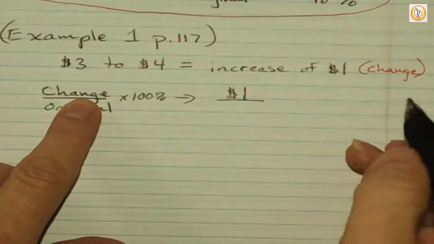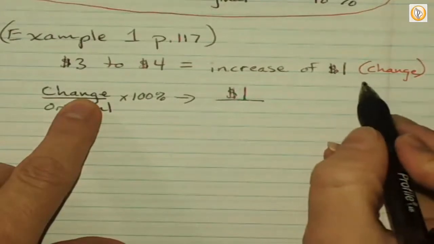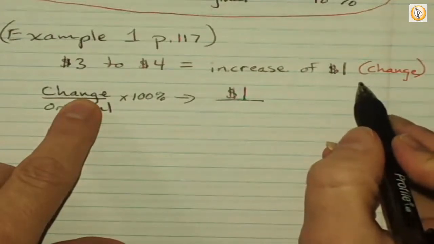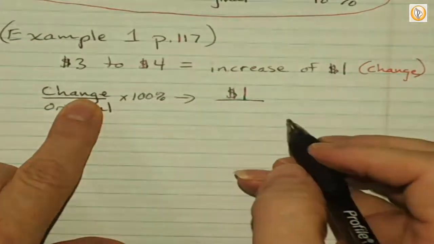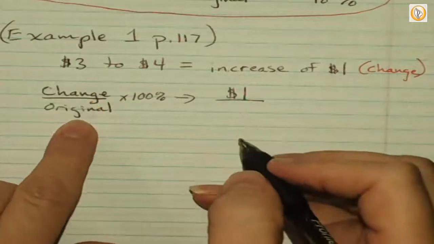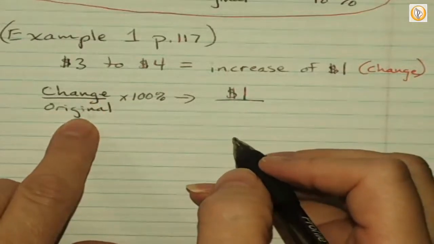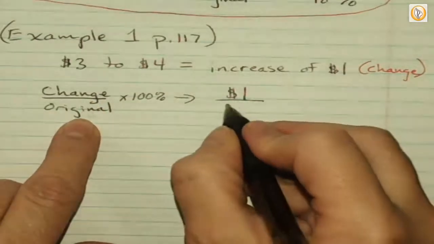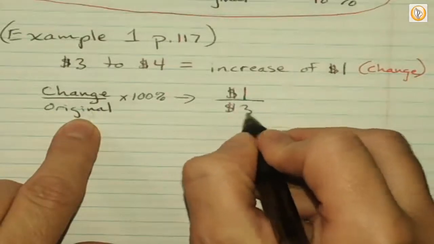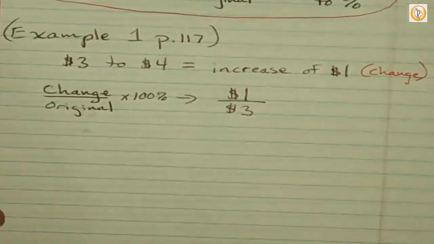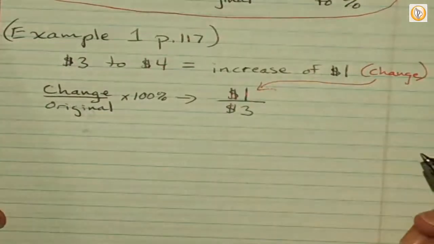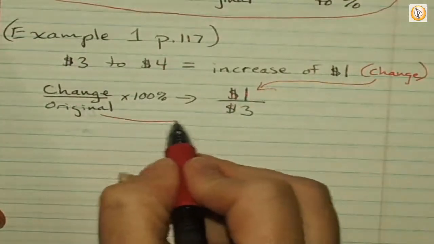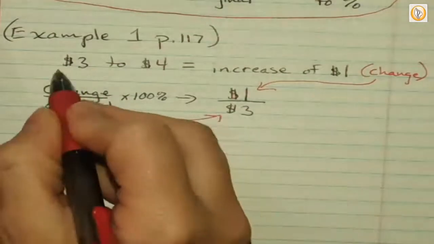First of all, does everyone see why the change is $1? Mm-hmm. Because if you'd say 4 minus 3, you get $1, right? Okay. What was the original price? So $3 goes on the bottom. So your change of $1 goes there. The original was $3.